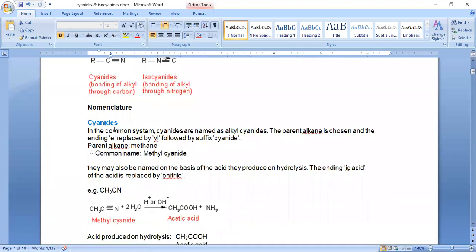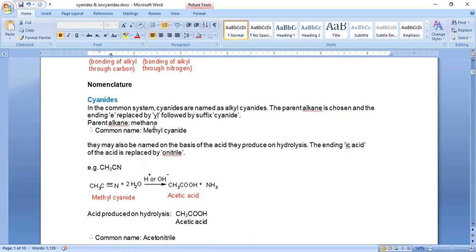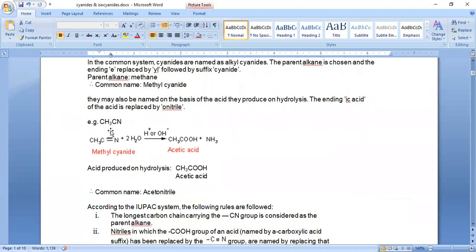Let's see the nomenclature, which you studied in the previous year or in intermediate first year. The IUPAC name of the CN functional group is nitrile, whereas the IUPAC name of the NC isocyanide is carbylamine. While naming any organic compound, we first write the root word followed by the primary suffix.